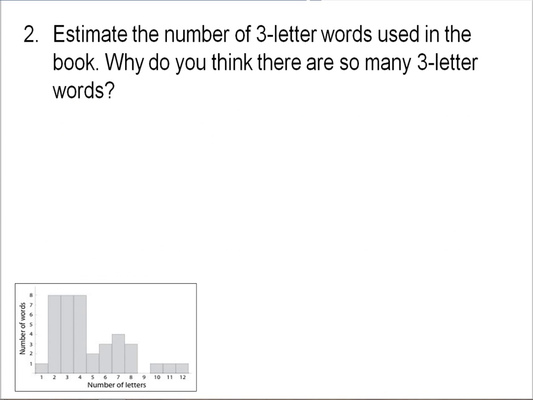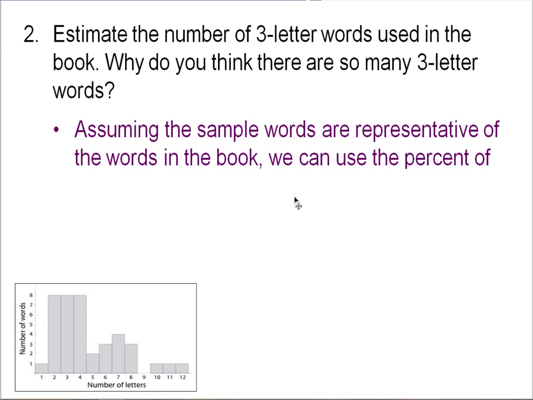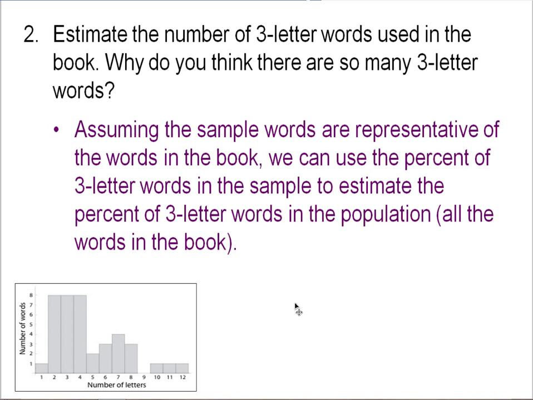Now we want to estimate the number of 3-letter words used in the entire book, right? So when we estimate, we can use our sample set to estimate the words in the whole book. Assuming that the sample set is representative of all the words in the book, I can use the percent of 3-letter words to estimate the percent of 3-letter words in the whole book.